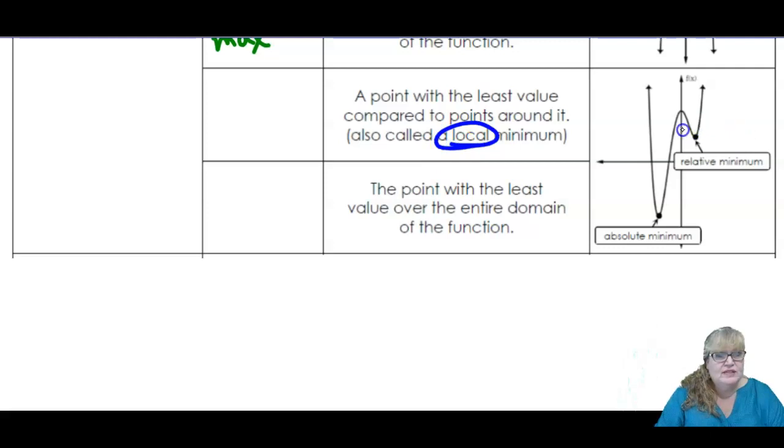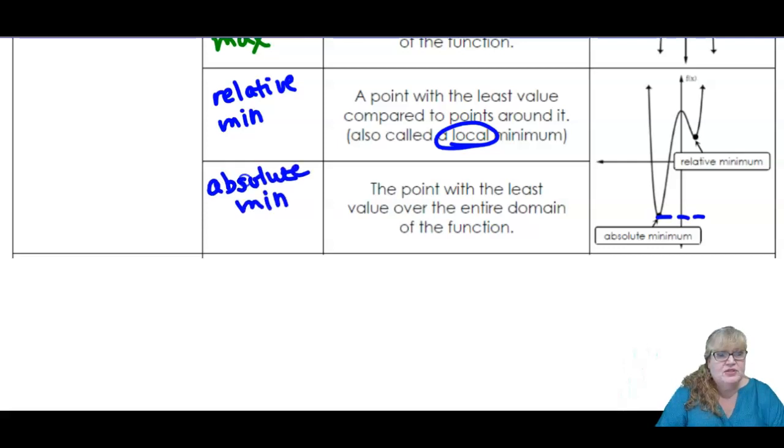So locally in this little area, this is the lowest it ever gets. But overall, it goes absolutely down to this y value, and that would be the absolute min. Min is just at the bottom, max is at the top, okay?